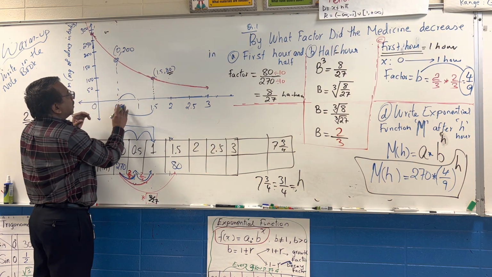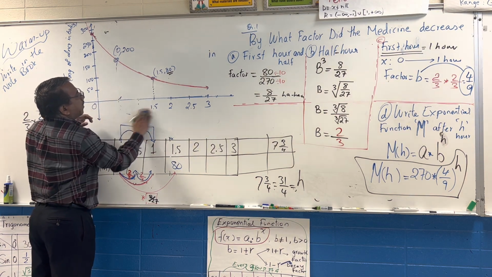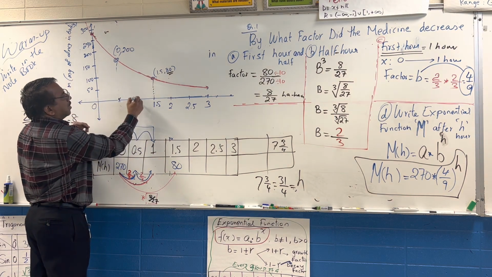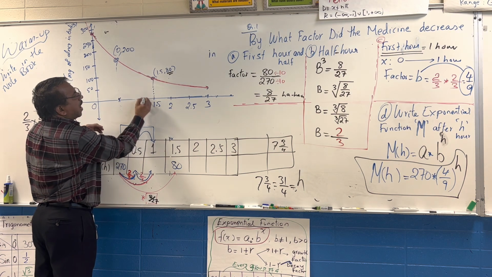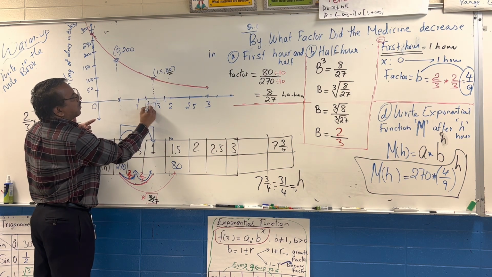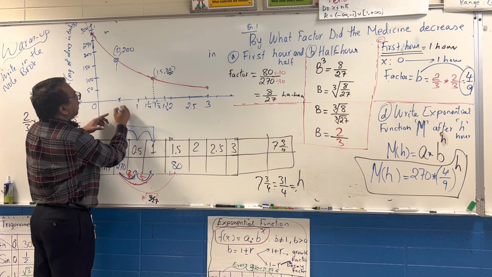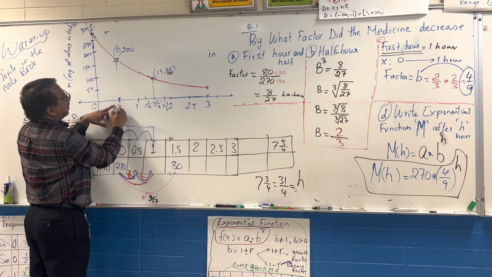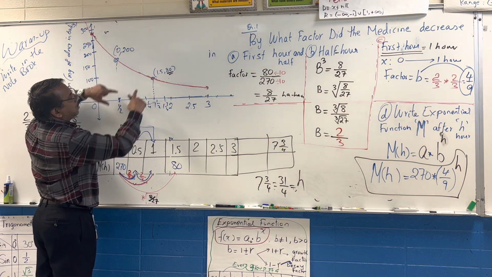Is that okay? Or they could have given it this way instead: this is 1, and I can break it into 1 1/2, 1 1/4, 1 3/4. This is half, from 0 to 1 1/2.